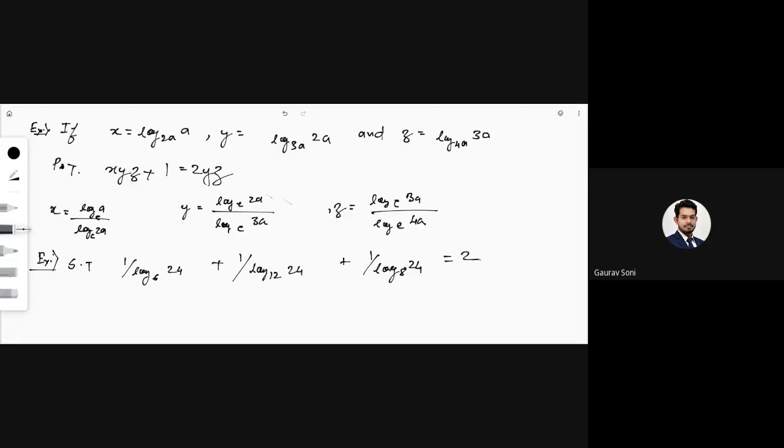You have to just consider the LHS and do the calculation. That's it. There's nothing difficult in this.